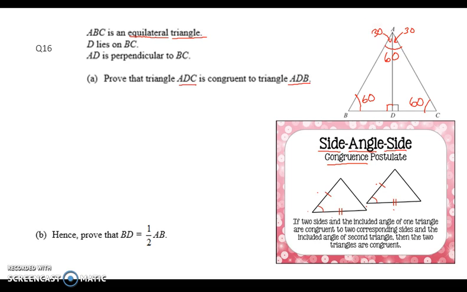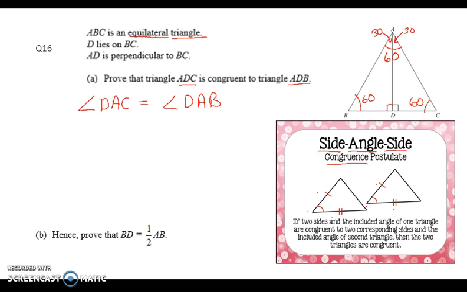So how do we describe those angles? Let's start by saying that angle DAC is equal to angle DAB. Alright, so that's our angle.